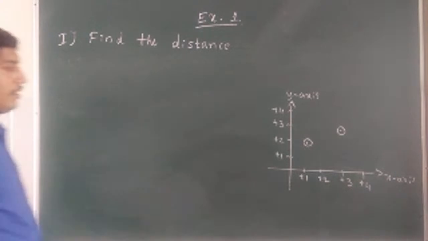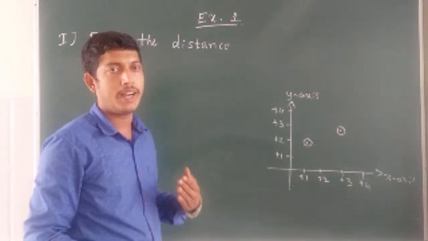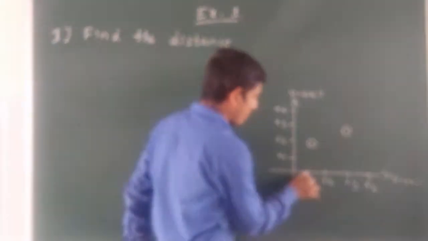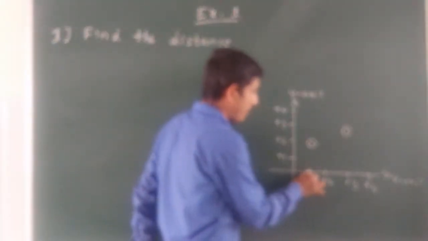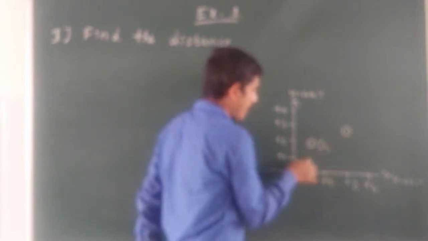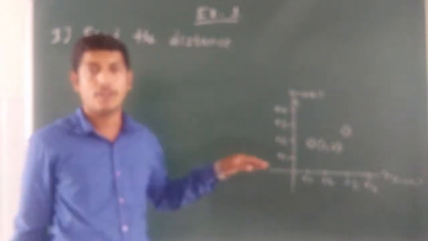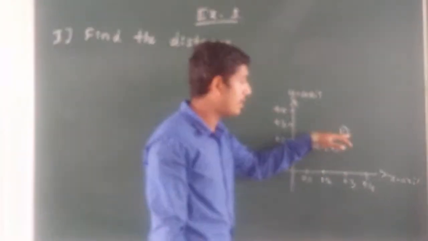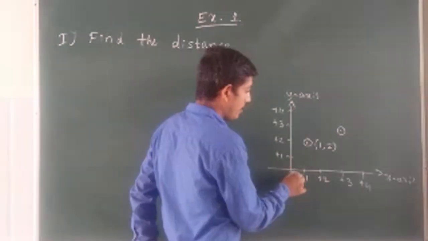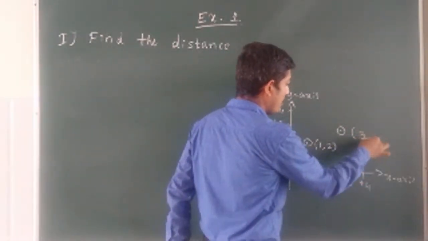So see here, first we have to write the x-axis value, then the y-axis value. From the origin it will travel 1 unit, therefore the points are 1 on the x-axis and 1 on the y-axis, so the first point is 1, 1. In the second point, the coordinates are 3 on the x-axis and 3 on the y-axis.